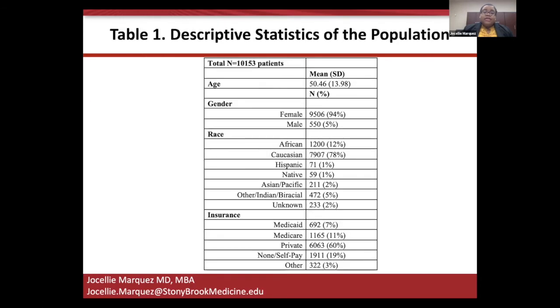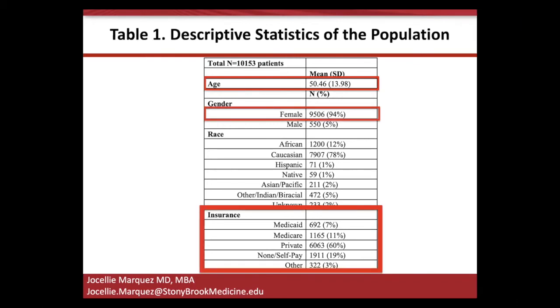A total of 10,153 patients were included in our analysis. Mean age was 50. Majority of our patients were female. The breakdown between insurance groups includes 7% Medicaid, 11% Medicare, 6% private, and 19% self-pay or uninsured.